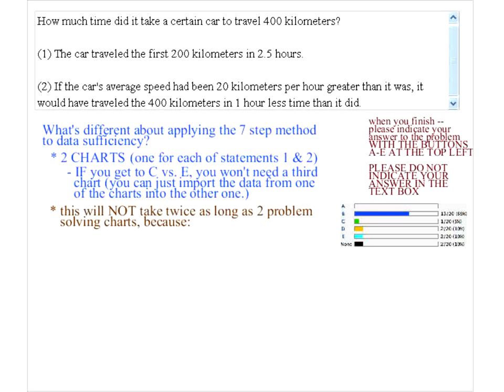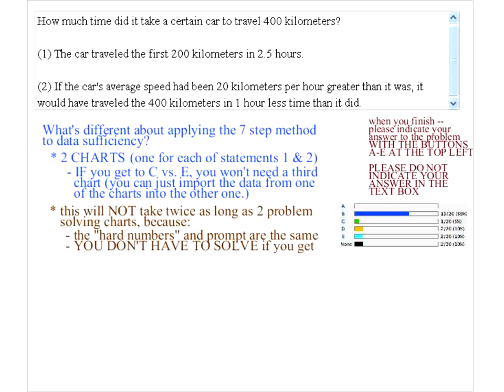The hard numbers and prompt are the same, so once you figure those out once, you don't have to figure them out again. So it's going to take less time. Most importantly, you don't have to solve if you get an equation that's going to work. And if a statement is insufficient, you'll usually just get stuck and have to quit.